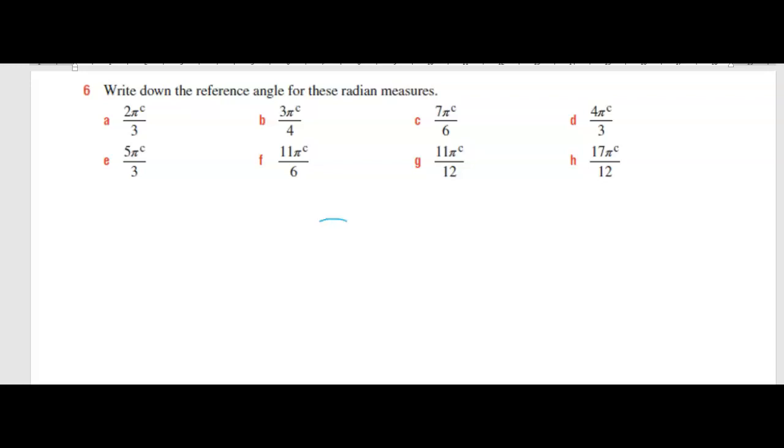So let's draw our unit circle again. But instead of putting degrees on, we're going to be using radians. So 0, pi on 2, pi, 3 pi on 2, and then 2 pi. And we've got to decide where each of these is on our unit circle first.